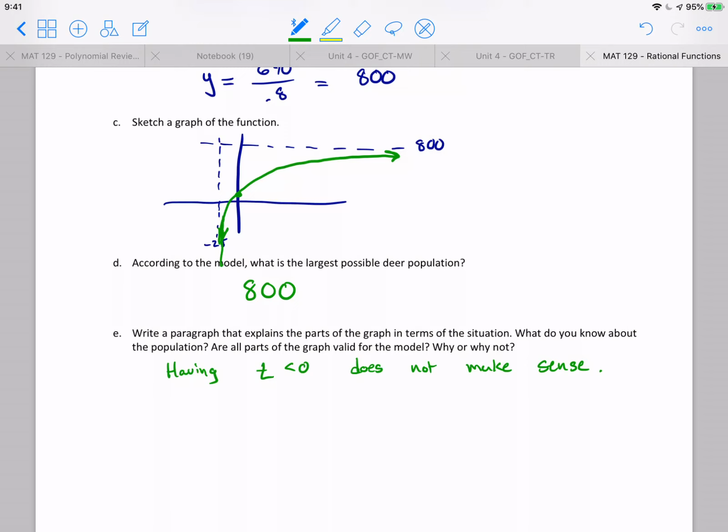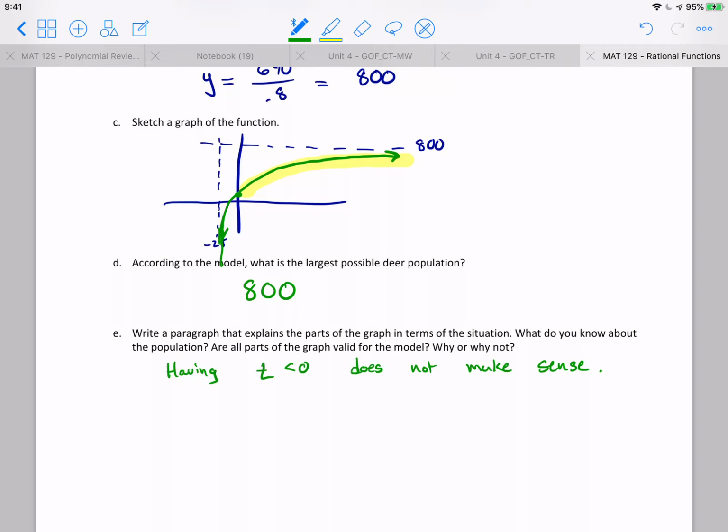But I think in this case that doesn't really make sense. So that also tells us that the vertical asymptote of negative 25 is irrelevant because that's a negative value. So what we're really saying is this graph, we only care about this chunk here.